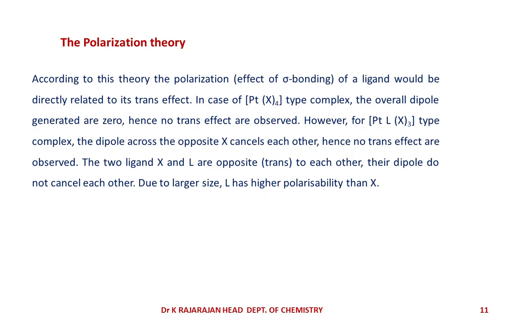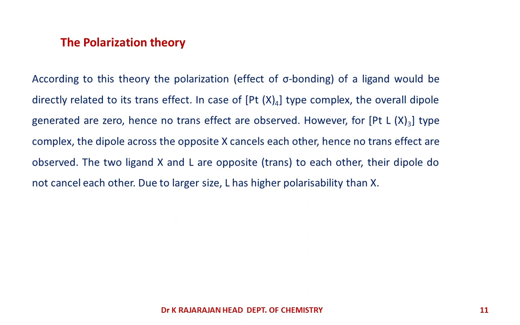In case of a tetra-X platinum type of complex, the platinum will be in the central position, and in the four corners the X ligands connect to the platinum ion. So the overall dipole moment generated will be zero, and hence no trans effect is observed. That is the case for the platinum tetra X type complex.